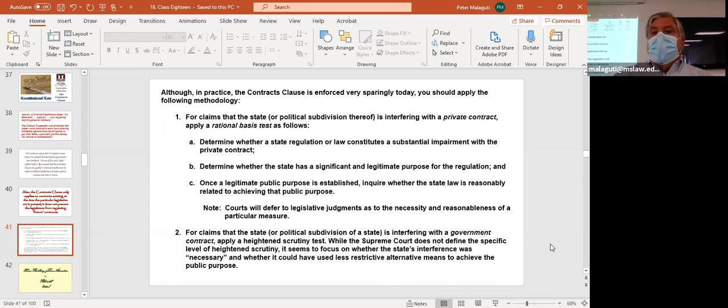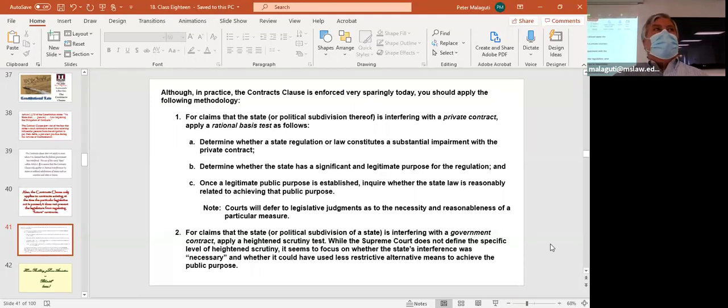Two, determine whether the state has a significant and legitimate purpose for the regulation. Now you're setting up a balancing test, aren't you? Three, once a legitimate purpose is established, inquire whether the state law is reasonably related to achieving the public purpose. So the individual contract will yield to a valid state goal, okay? And the courts are going to defer to legislative judgments in this regard.